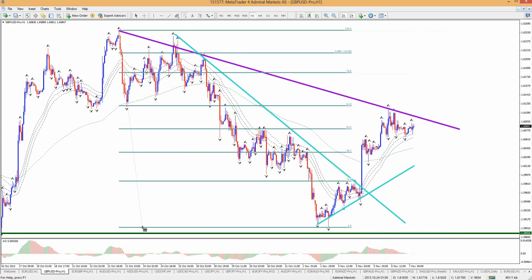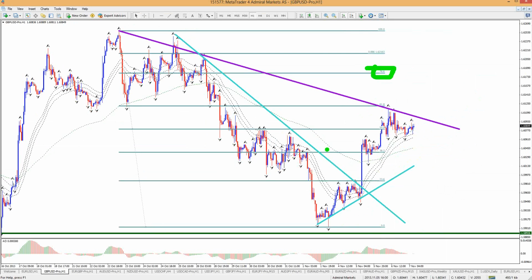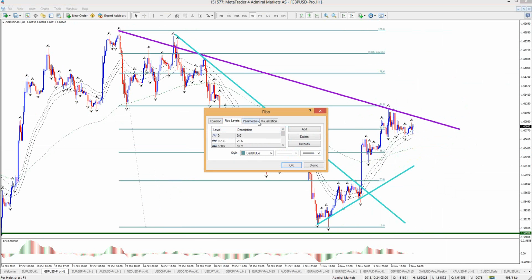If we put a fib on this downside, we can see that the 786 fib will be the next resistance. All right, so that would be the target of the breakout to the upside.